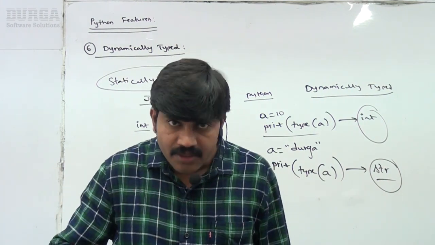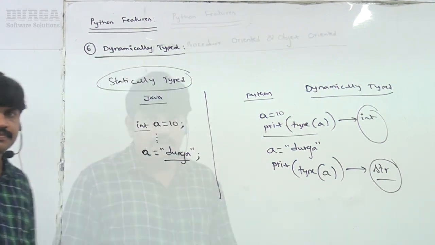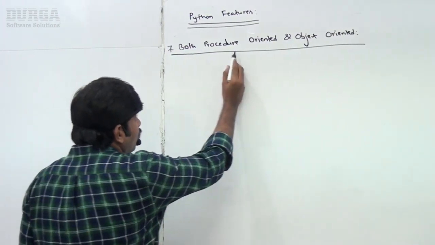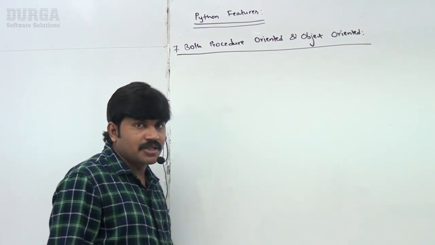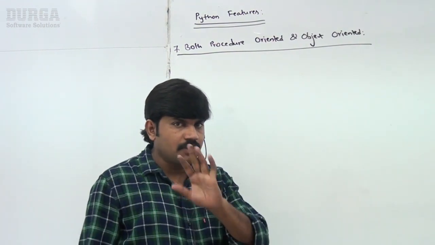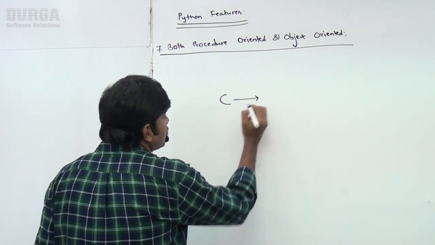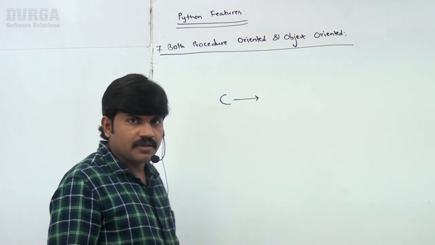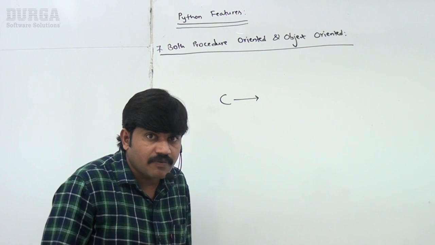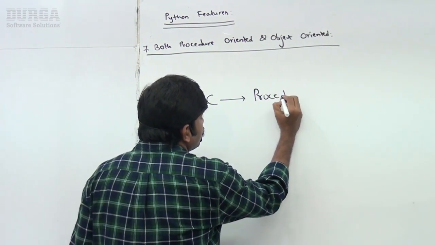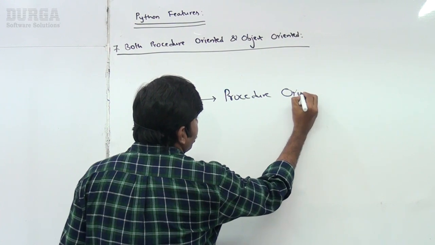Any doubt? Clear, right? Sir, the next feature I have to discuss is both procedure oriented and object oriented. Sir, what does it mean? Observe carefully. If I ask the C language, which type of programming language are you? Immediately the C person is going to tell, I am a procedure oriented programming language.